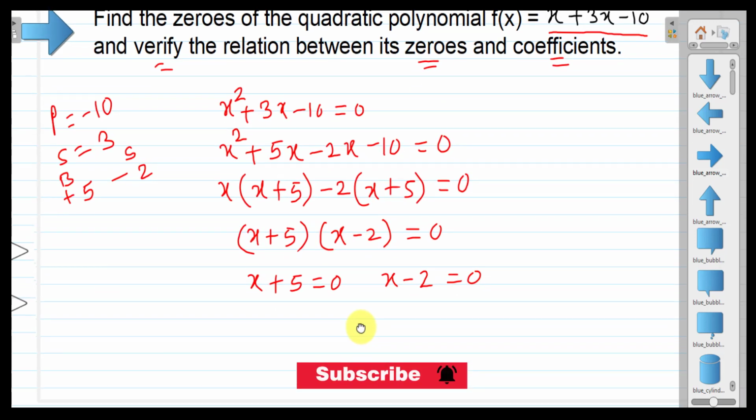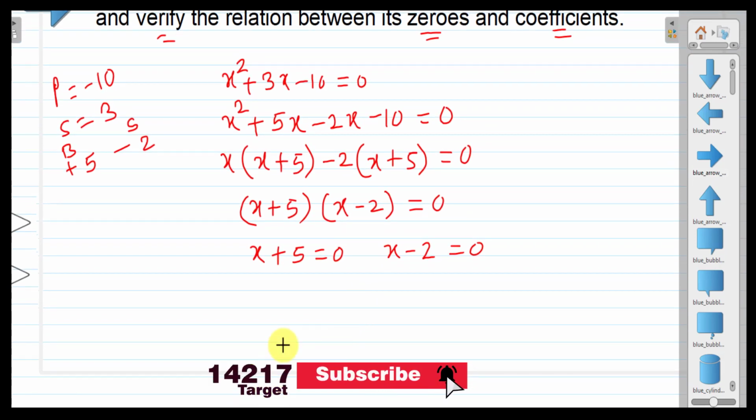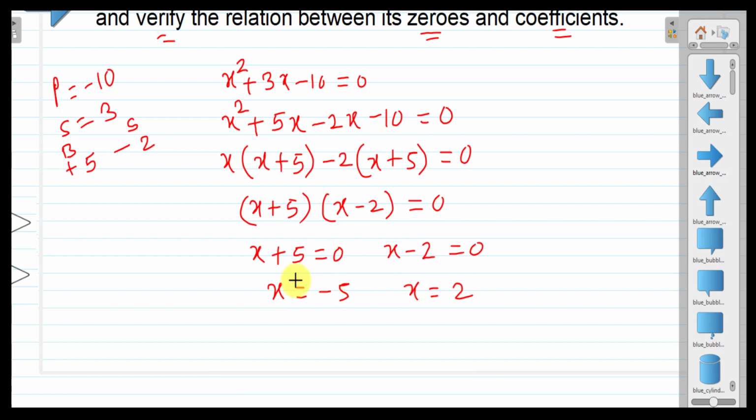And so here x is equal to minus 5 and here x is equal to 2. Here we have got the zeros of the given polynomial, so highlight this. This is the first important step of the question. So x is equal to minus 5 and x is equal to 2 are the two zeros of the given polynomial.